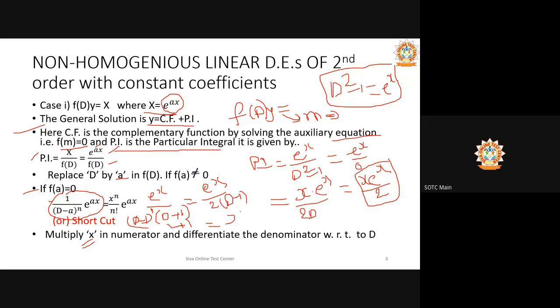So x power 1 into e power x divided by 2 already there, n factorial. n factorial means 1 factorial. 1 factorial is 1, right? So it will come x e power x by 2. Same answer only. Whether you apply this formula or multiply x in the numerator and differentiate in the denominator, it is the same. In case you did differentiation one time and again get 0, then do the second time differentiation. Like again add x, multiply x, differentiate in the denominator. So once we solve these questions, you will get to know.